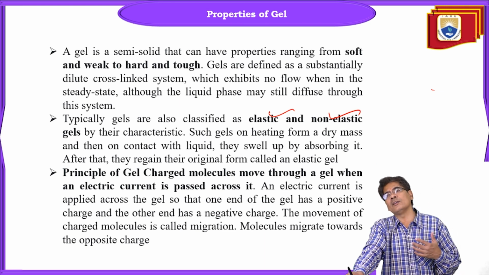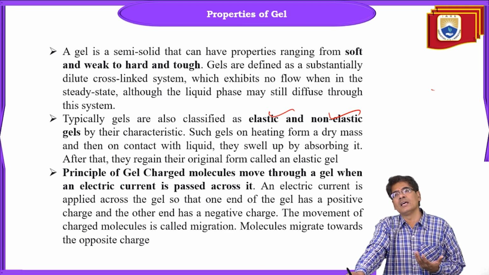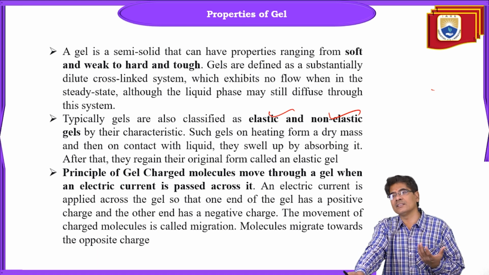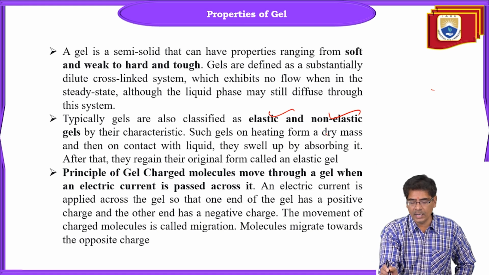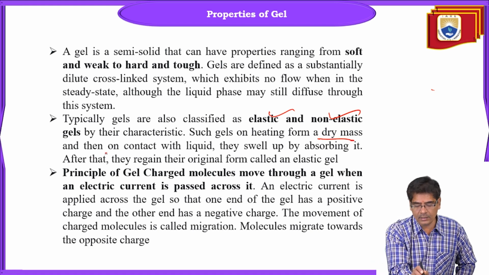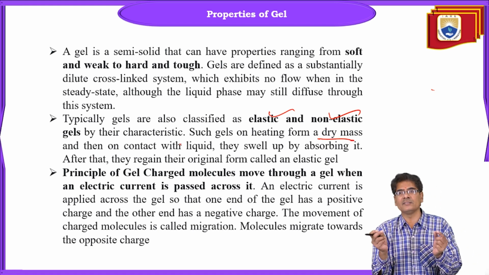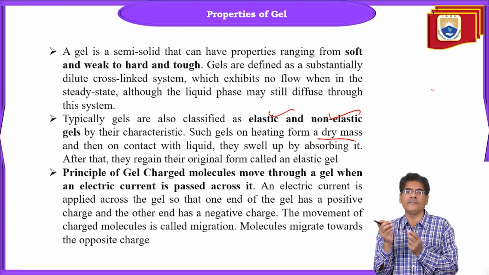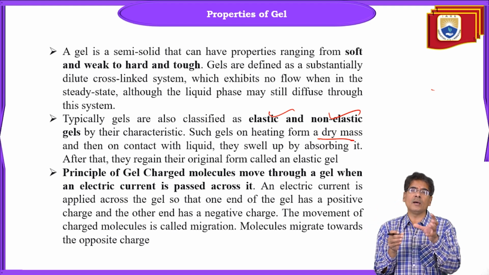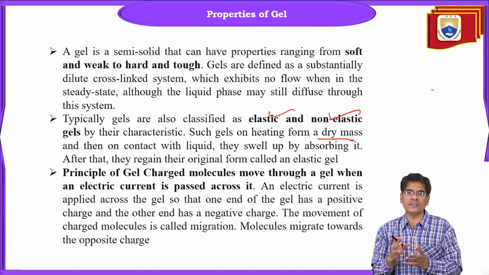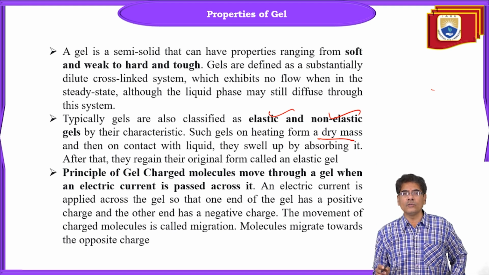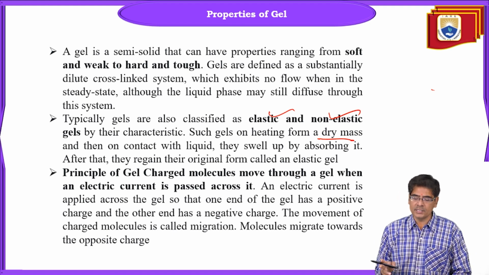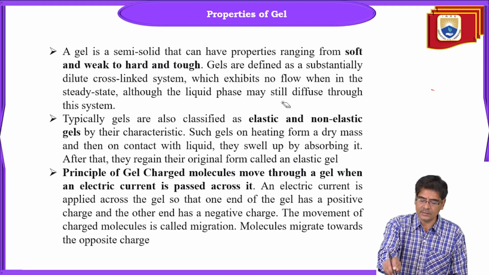Such gels on heating form a dry mass, and then on contact with liquid they swell up by absorbing it. After that, they regain their original form, called an elastic gel. That is how we can distinguish between elastic and non-elastic gels.